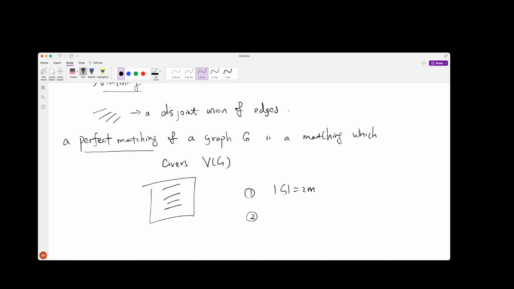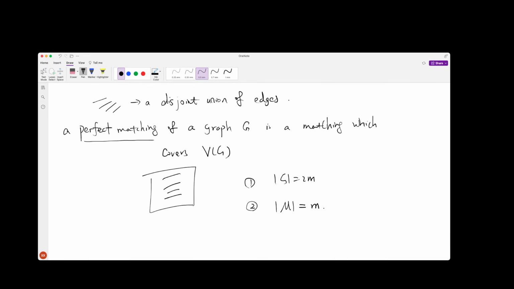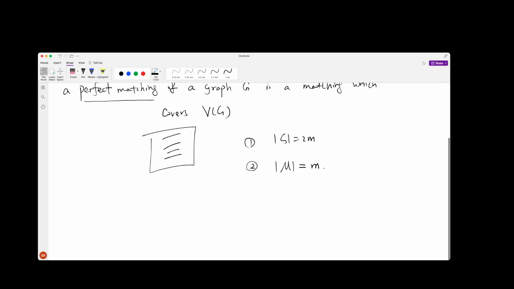Okay. So we say that the size of the matching is m. Each edge covers two vertices, so there are m edges, so it covers all the vertices. So this is the situation we call a perfect matching. So there is a very famous theorem.